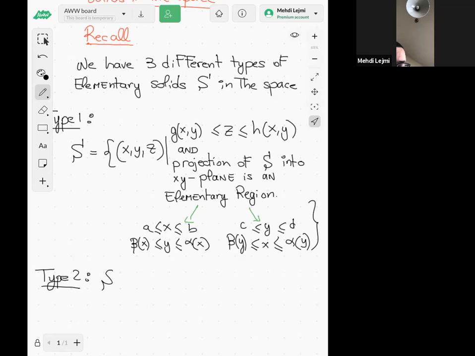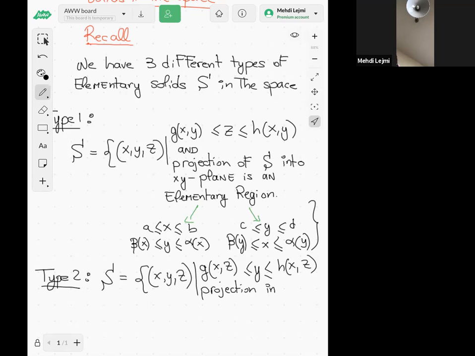So S can be described as the set of points x, y, z so that y is bounded between two functions of x and z, and then the projection into the xz plane is elementary. The xz plane means the y coordinate is 0, so the equation of the xz plane is just y equals 0.